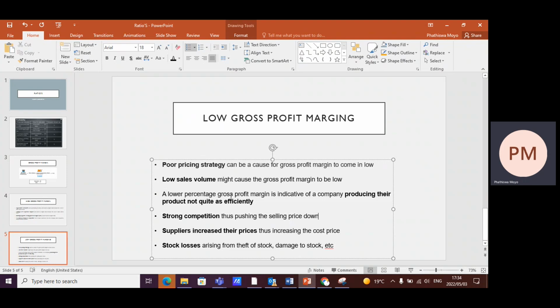So that could cause write-offs, and write-offs always reduce your gross profit. Depending on which line they are recorded, if they are recorded at cost of goods sold level, they will reduce your gross profit. If they are recorded at operational expenses level, they will reduce your net profit.